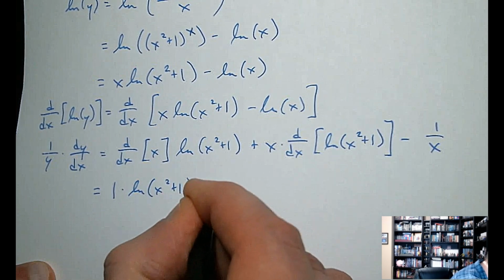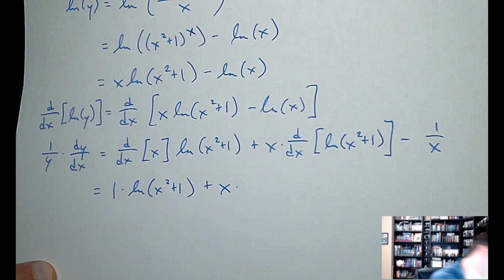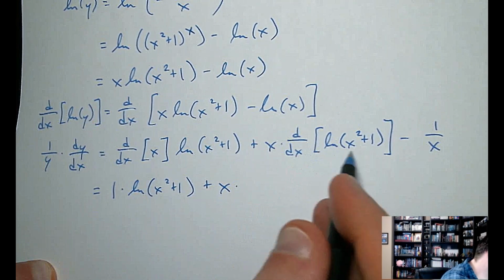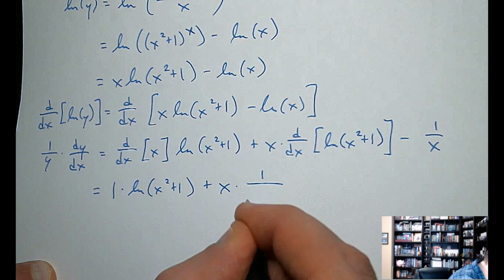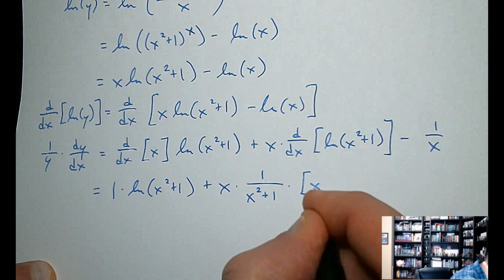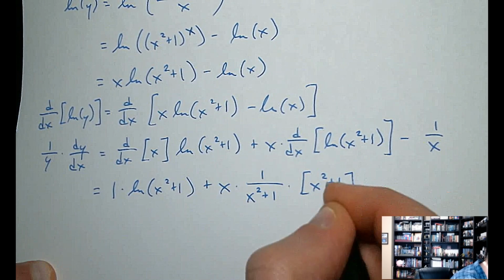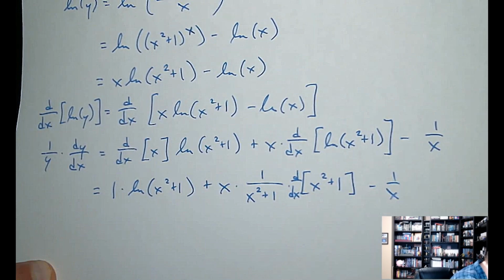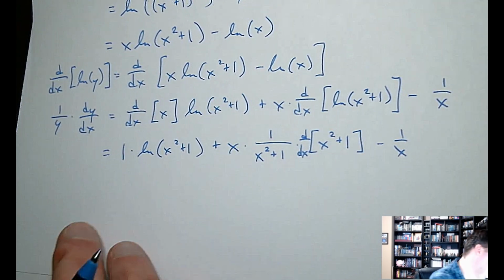times the natural log of (x squared plus 1), plus x times, here we need the chain rule, so we've got the logarithm of a function, so that's going to be 1 over that function times the derivative of that function. Minus 1 over x.